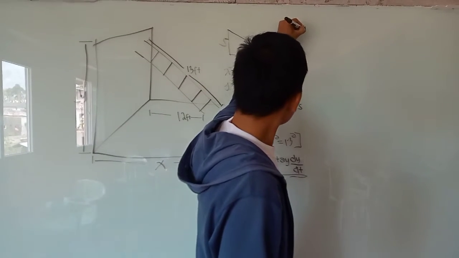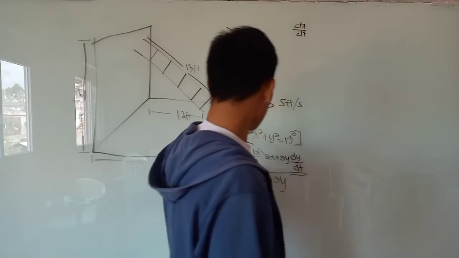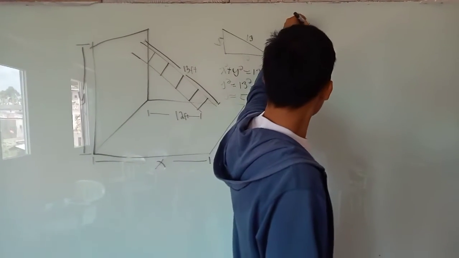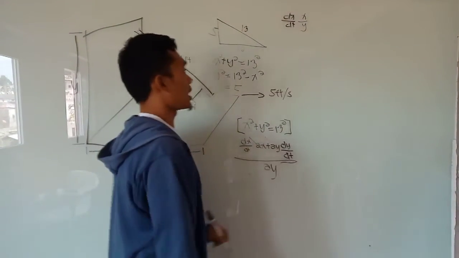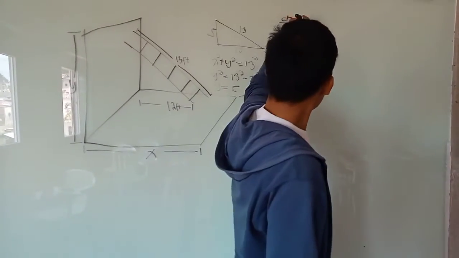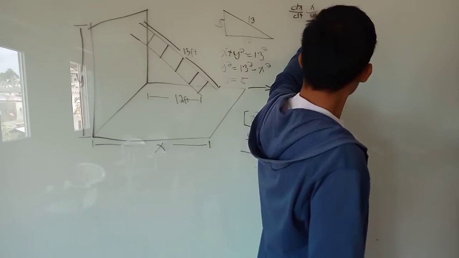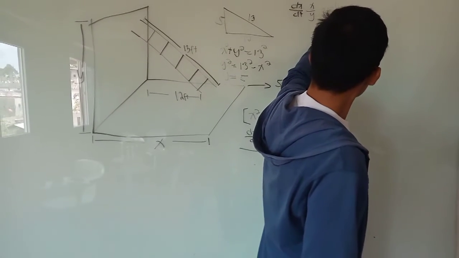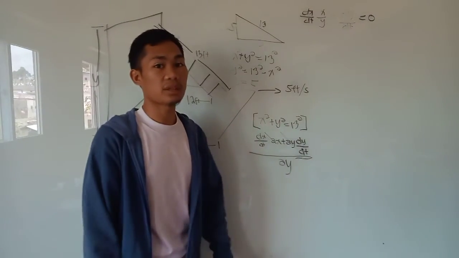So by canceling out, it will become dx over dt times x over y plus dy over dt, which is equal to 0, because remember that we are using the formula for the Pythagorean theorem.